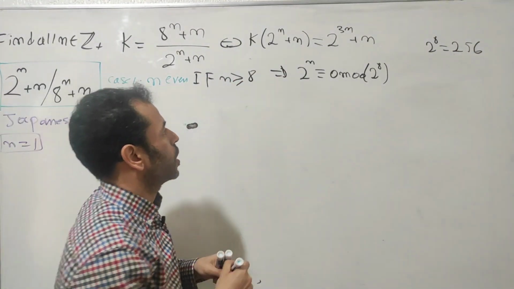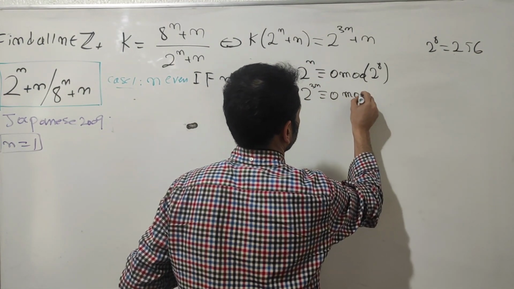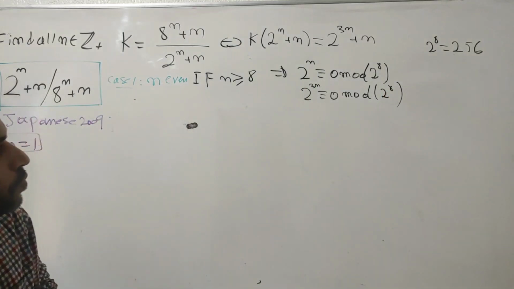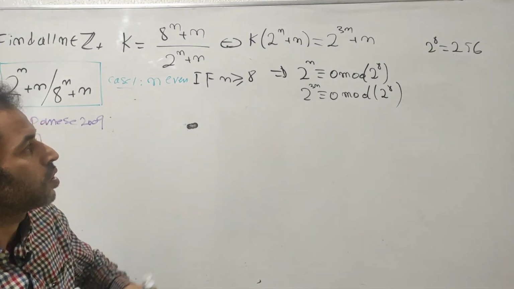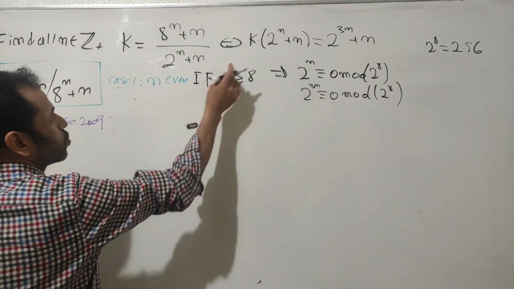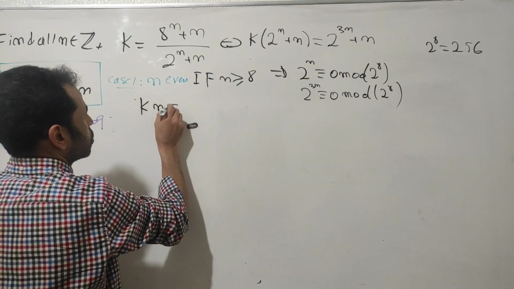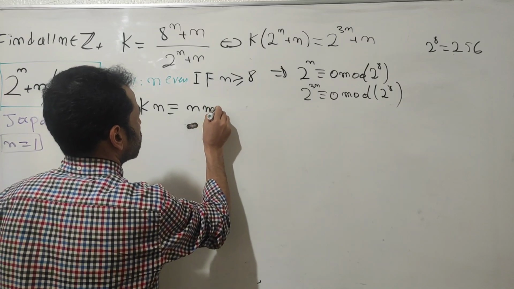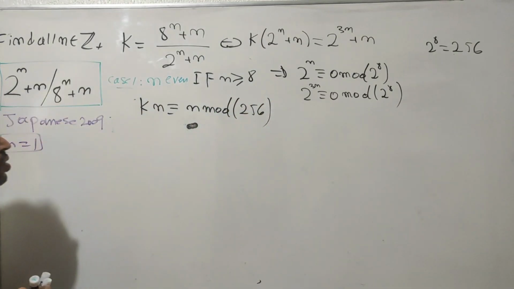Also 2 to the 3n is congruent to 0 mod 2 to the 8, which is 256. Reducing the equation mod 256, this one is 0 and this one is 0, so I will be left with k multiplied by n, which is congruent to n mod 256, or 2 to the 8, which is the same thing.